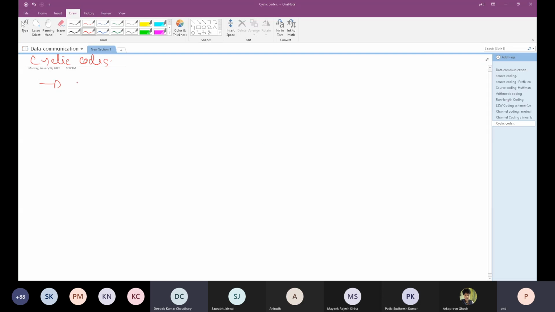So similarly, a cyclic binary code is very popular. Actually, from this concept only, the CRC, cyclic redundancy check codes, have been formed. So we should discuss it a little bit. We will not go into detail, just the basic concept only.